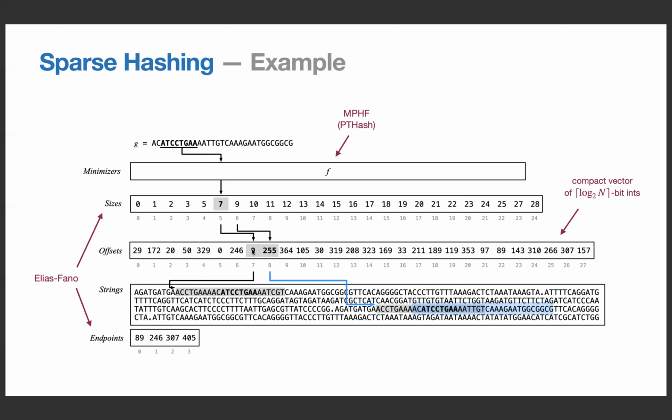And in fact, 9 and 255 are the two offsets of the super K-Mers that we have to scan. In this example, this particular K-Mer is found, as represented by the blue arrow, in the second super K-Mer. So that's sparse hashing.